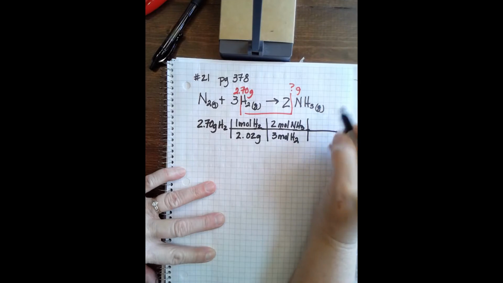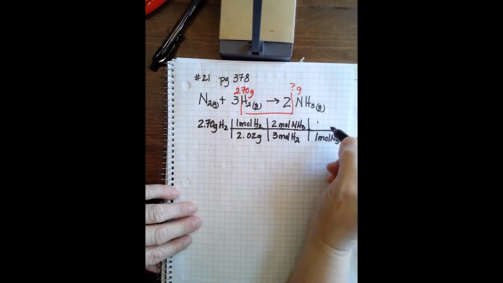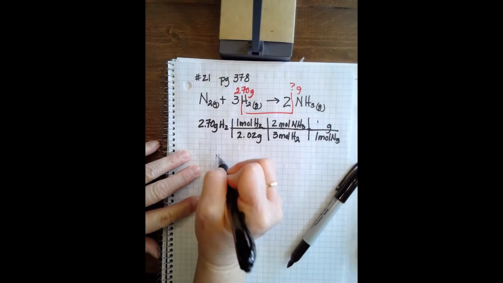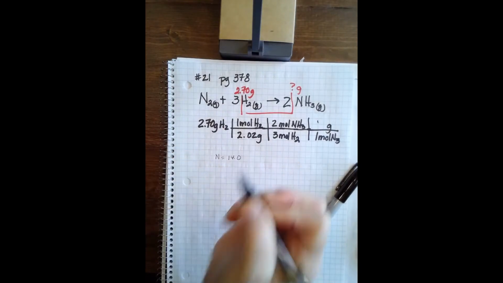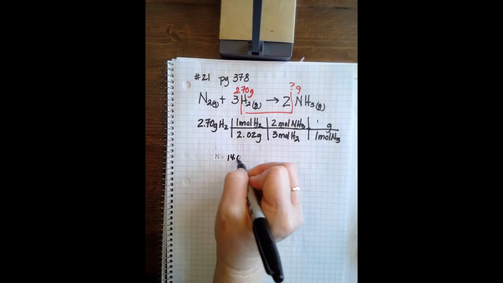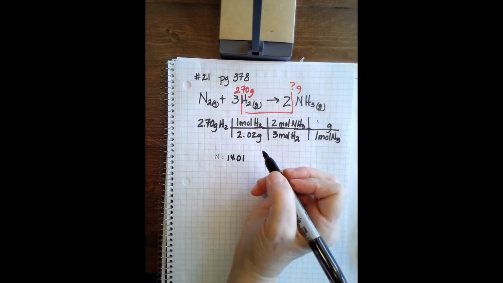Now we're going to say that 1 mole of ammonia has a mass of how many grams? Let me pull my periodic table up here. For sig figs, 14 for nitrogen is all we need, though you could say 14.01 if you wanted.